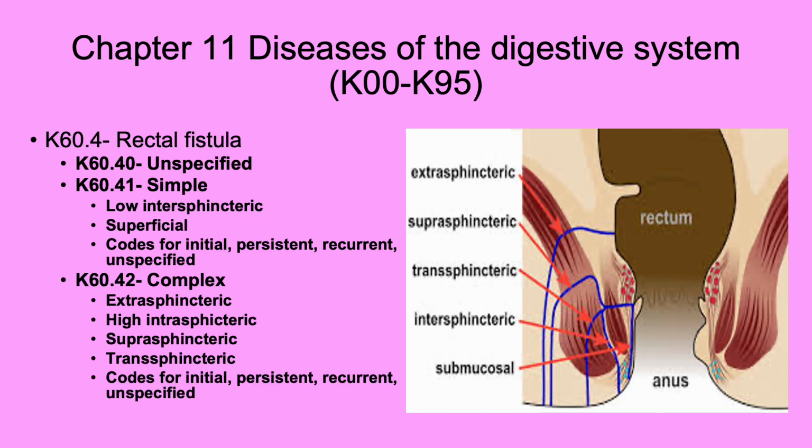Under rectal, and here's the division between rectal and anus, you have again unspecified, simple, and complex new codes. These are inclusions, and you have new codes for initial, persistent, recurrent, and unspecified. You have complex new codes for initial, persistent, recurrent, and unspecified, and these are inclusions.